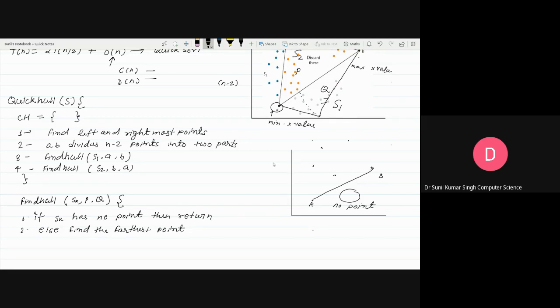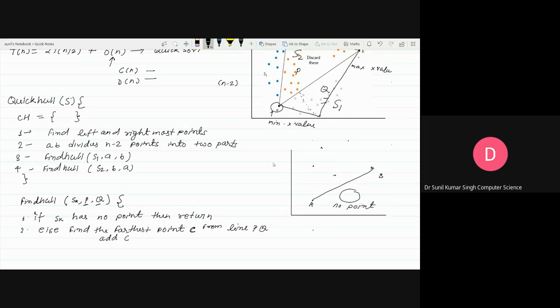Let's give a name to the point. Let's say farthest point C from line, which line? PQ. From this line PQ. So of course, we passed here A and B, so it will become P and Q. And after choosing the point C, add this point into the convex hull.